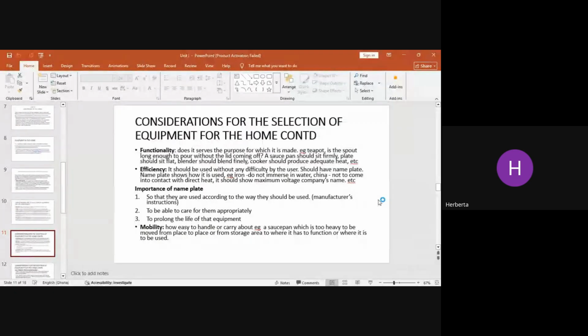So when you are buying metal items, in terms of efficiency, you have to look at whether it has a nameplate giving direction of how to use and how to care, so that the life of the item will be prolonged. Then the mobility, how easily it can be carried from one place to the other.